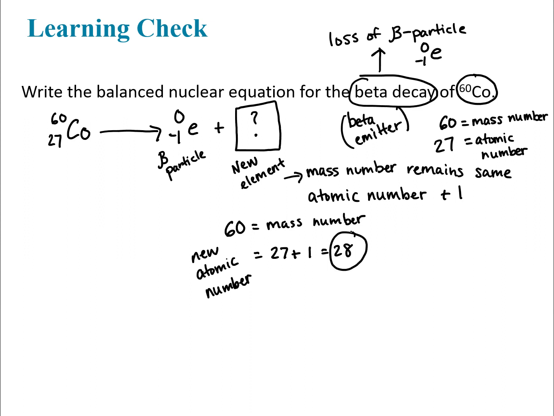This atomic number is what you use to figure out the identity of the element. So you look up 28 for the atomic number on the periodic table. Let me know what element that is.